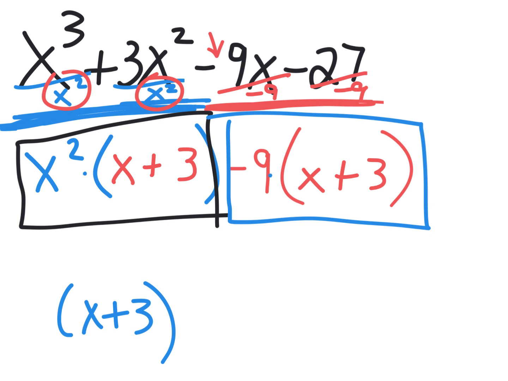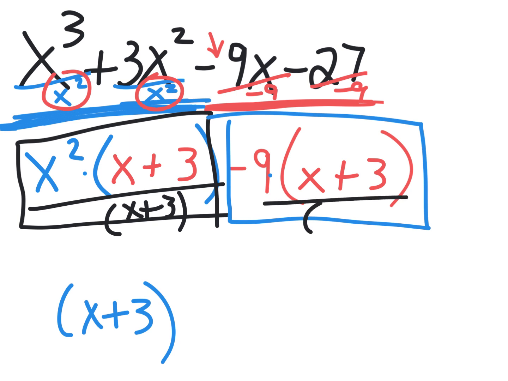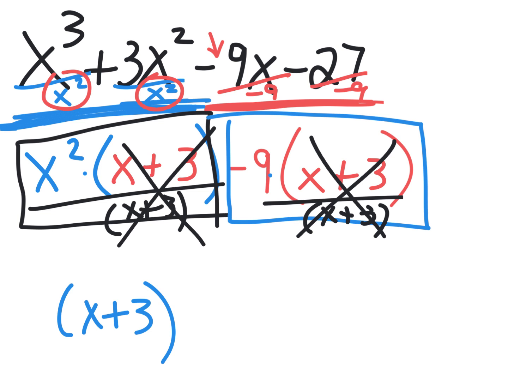That means it's a factor. So what do you do again? You divide by that x plus 3. That's what you do when you factor something out, is you divide by that thing. And what you're left with is what goes in here. I factored out the x plus 3, and I got x squared minus 9.